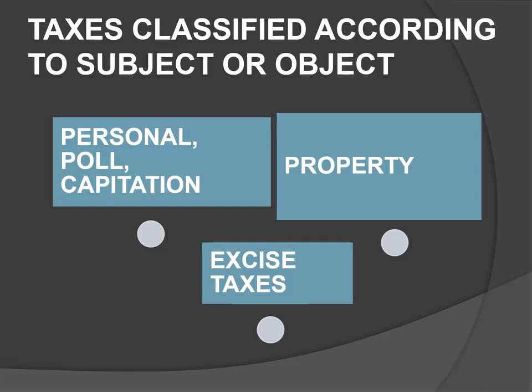On the other hand, you have taxes on property, on the privilege to use property. And then the third one are excise taxes. These excise taxes are taxes imposed upon the privilege to do something. For example, to engage in business.